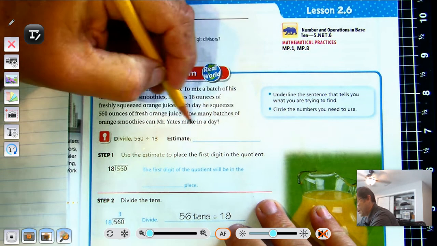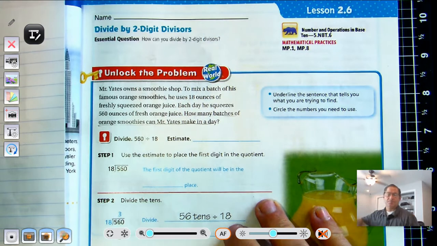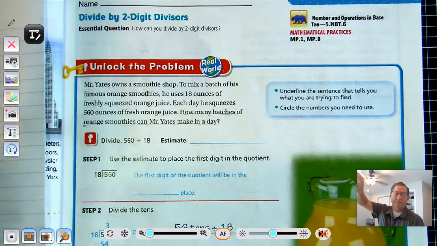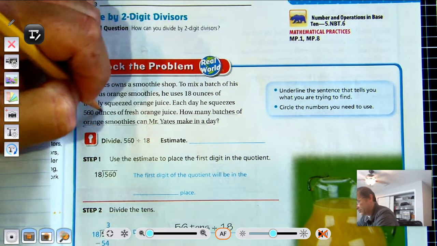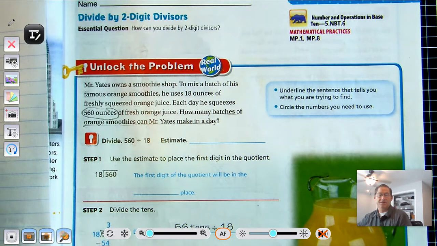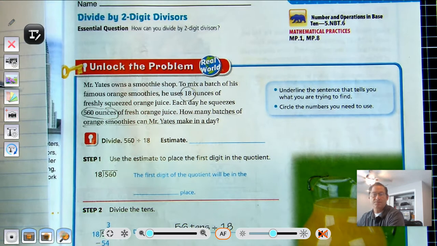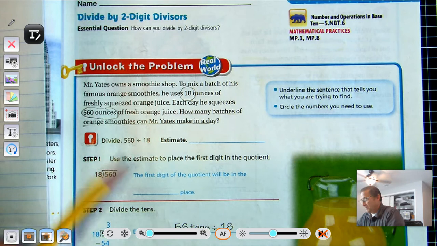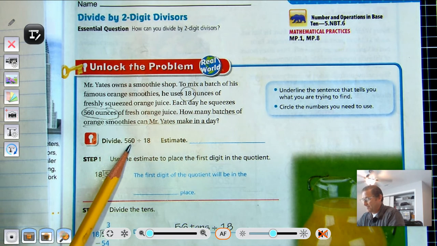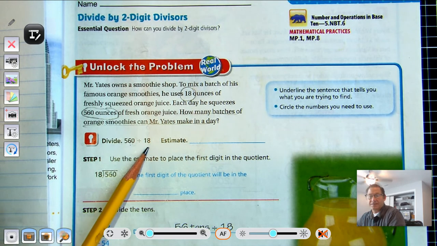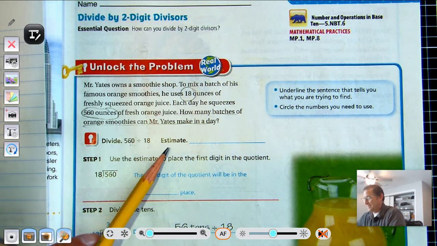So what we have to find is how many batches of orange smoothies he can make from 560 ounces of fresh orange juice if he uses 18 ounces for each smoothie. So our division problem would be 560 shared in sets of 18. So estimate.